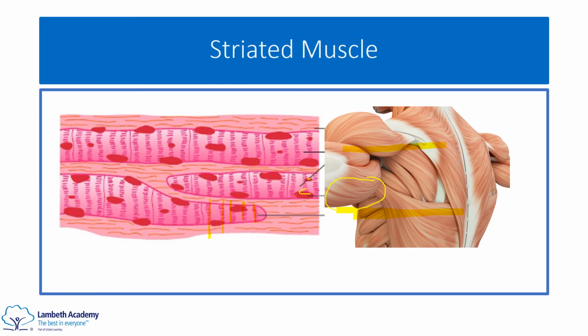If I show you this image, you can see that you've got lots of these lines. These are examples of the muscles being in stripes. So when you see this texture, when you see this image of a muscle, this is a striated muscle.